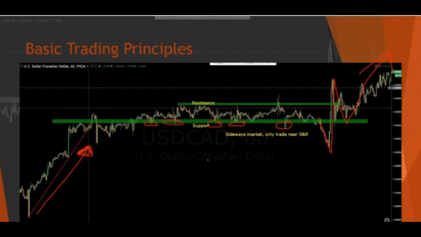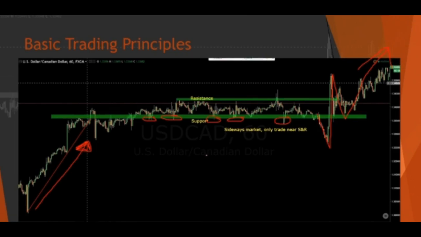All right. And so what we do is utilize the directional bias to know what we're going to be doing. So if you're asking yourself what you should be getting out of this so far, it's understanding what direction you should be trading.